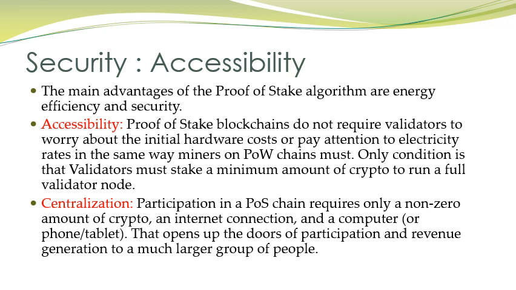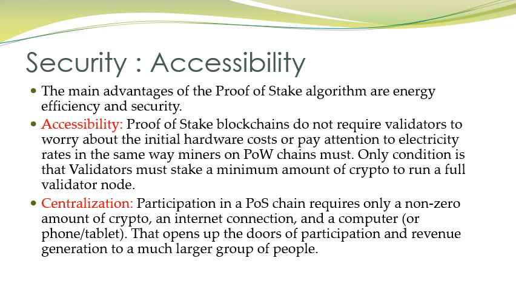In this proof of stake algorithm, there is no need of a high performance computer. The only condition is that the node must hold a certain amount of currency: validators must stake a minimum amount of cryptocurrency to run a full validator node. Then, centralization.